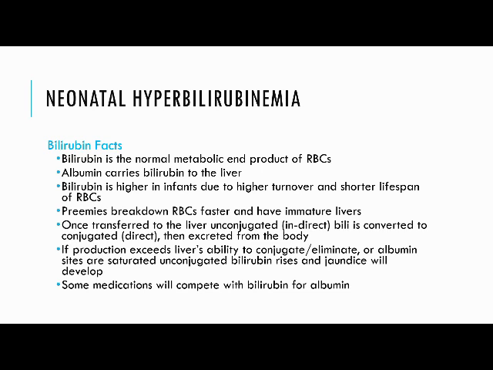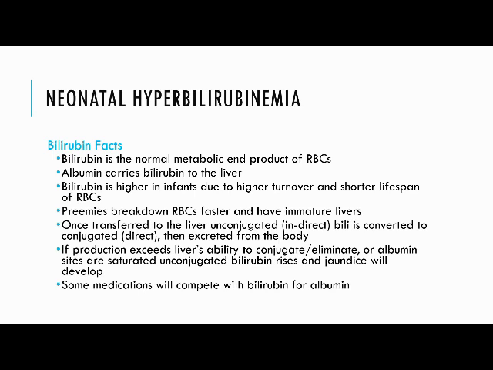Albumin carries the bilirubin to the liver. We talked about that. Bilirubin is higher in infants due to the high turnover and shorter lifespan of red blood cells. Preemies, again, break down red blood cells faster and have immature livers. Once transferred to the liver, unconjugated or indirect bilirubin, and we'll talk about those two terms later, is converted to conjugated or direct bilirubin and can then be excreted from the body.